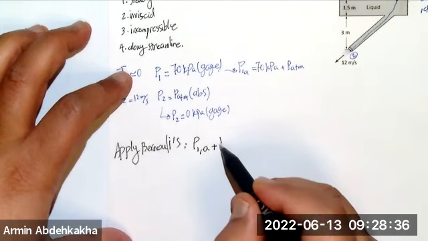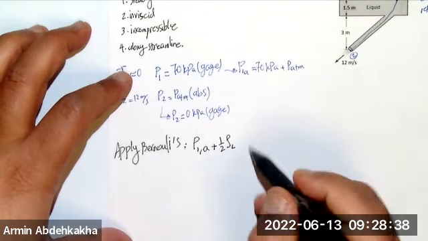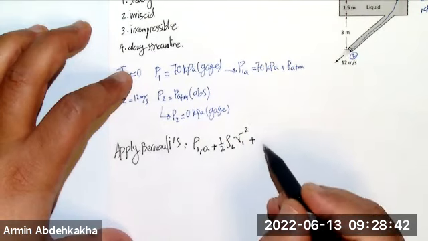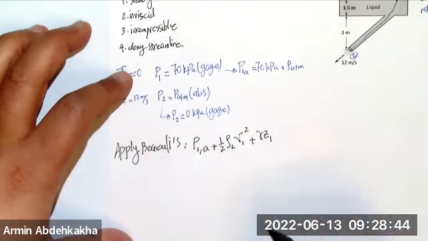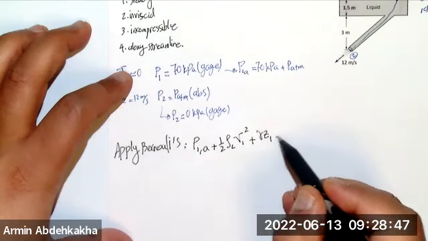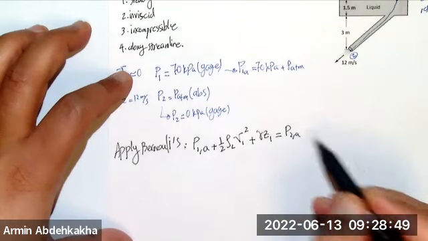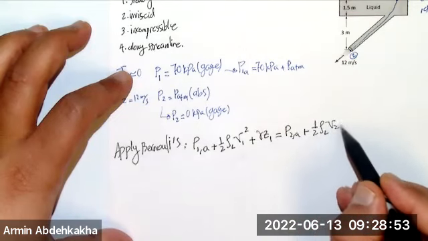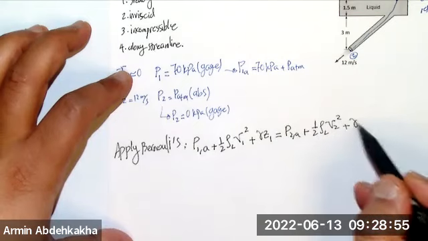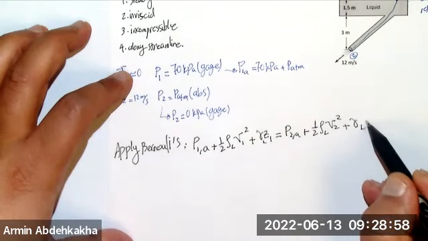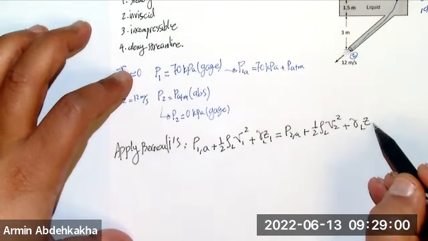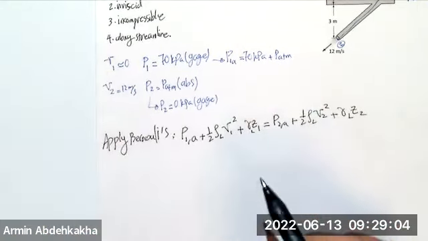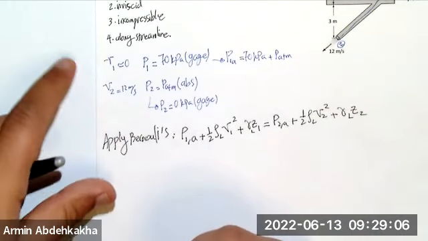P1 absolute plus 1 over 2 rho of the liquid V1 squared plus gamma Z1 should be equal to P2 absolute plus 1 over 2 rho L V2 squared plus gamma of the liquid times Z at point 2.